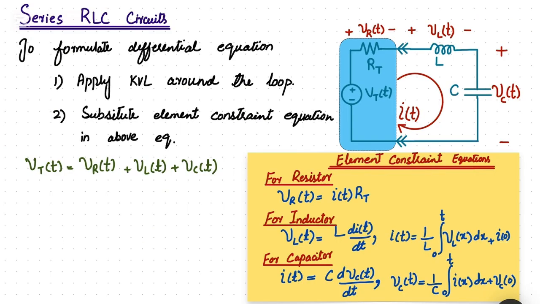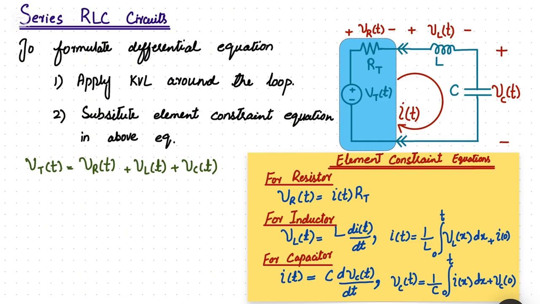Similarly, for capacitor, these are known as element constraint equations or the voltage current relationship for these dynamic components as well. So current flowing through that capacitor I of t is equal to C dVc by dt, or the capacitor voltage Vc of t is equal to 1 over C integral of I of x dx, integration limits from 0 to t, plus initial value of capacitor voltage Vc0.